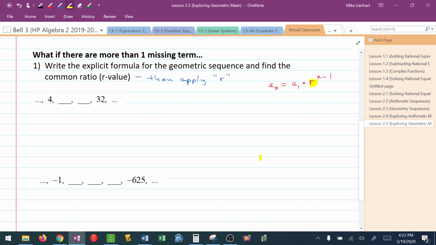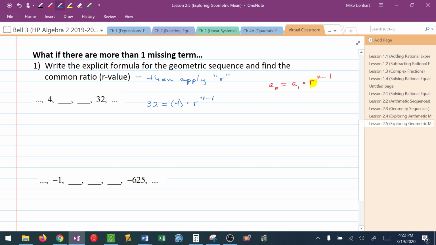And n is going to be how many terms there are. Okay, so what are we going to do? Well, let's start off by writing down the formula. I know that a sub n, or 32 in this case, is equal to 4 times r, that's what we're trying to find, to the n minus 1. Now there are 1, 2, 3, 4 terms here, so it'd be r to the 4 minus 1.